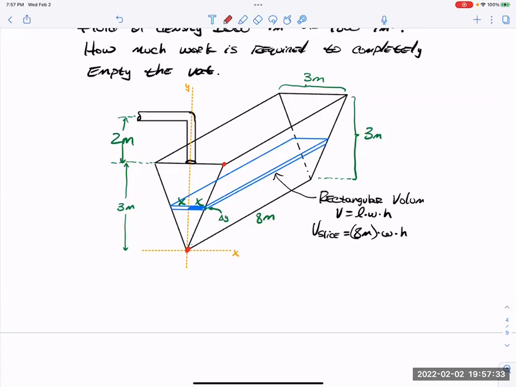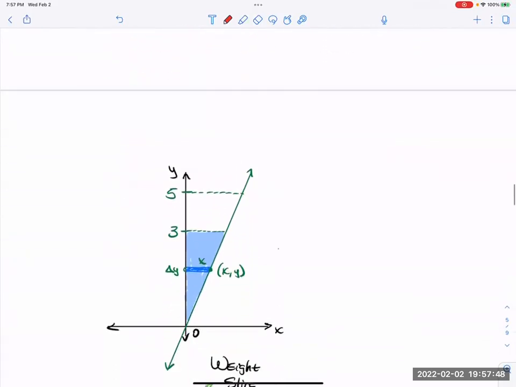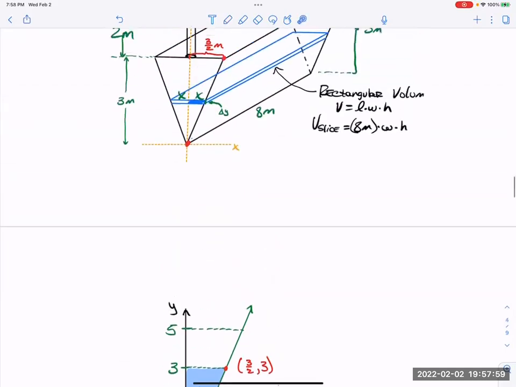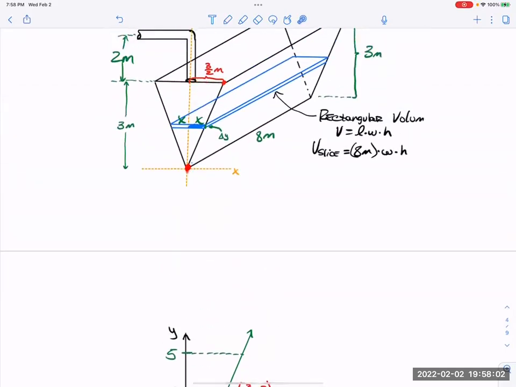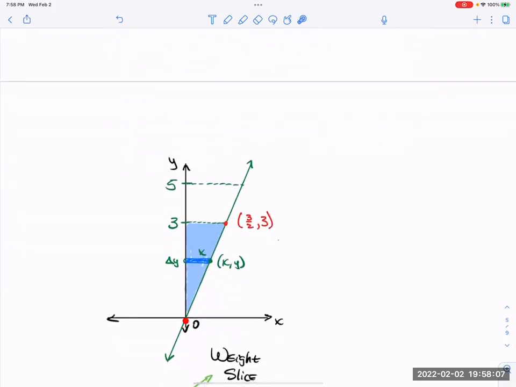So the length from here over to here would have to be 3/2 meters, right? So when we go back to our function down here, this ordered pair would have an x value of 3/2, but a y value of 3. That's based on the dimensions of this tank. This ordered pair down here is obviously 0, 0.